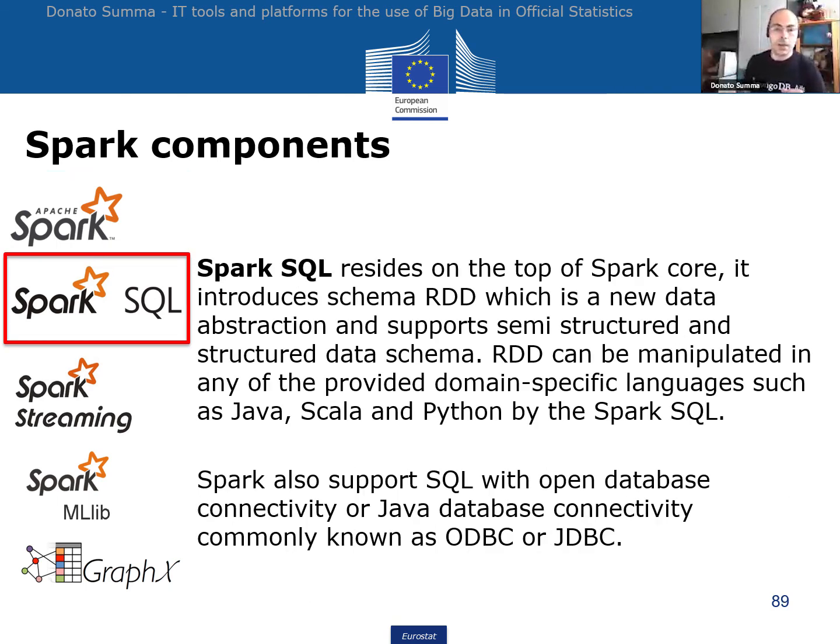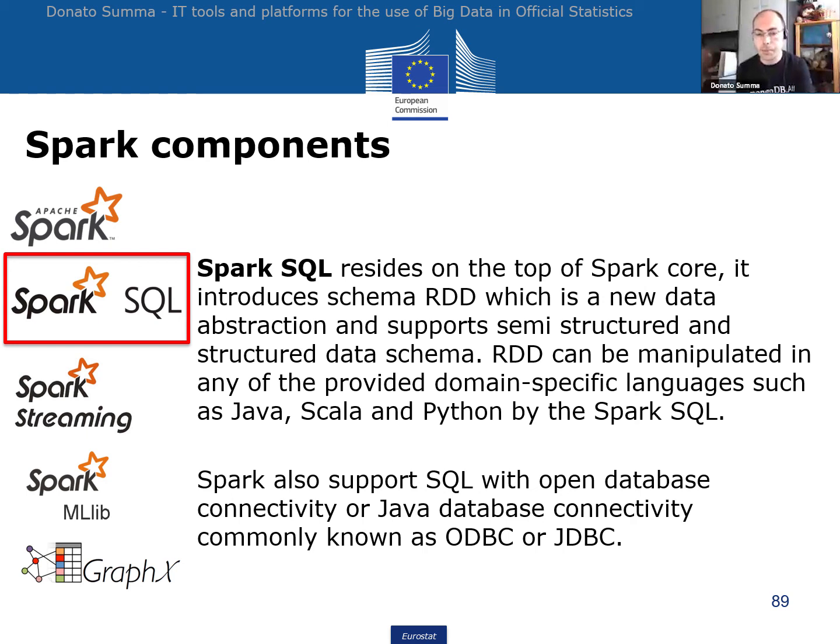The second Spark component is Spark SQL. Spark SQL resides on top of Spark core and introduces schema RDD, which is a new data abstraction and supports semi-structured and structured data schema.